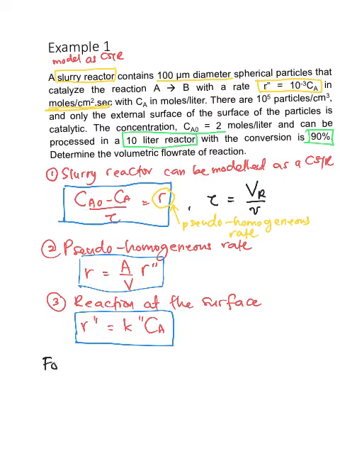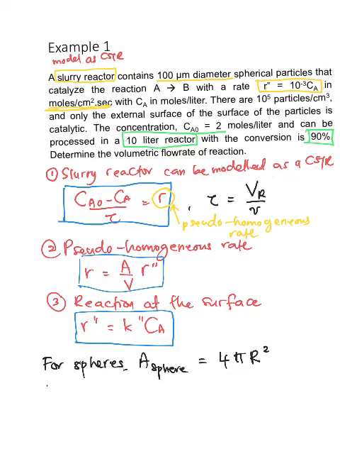For spheres, the surface area, or area of a sphere, you need to remember the formula is 4 pi r square.